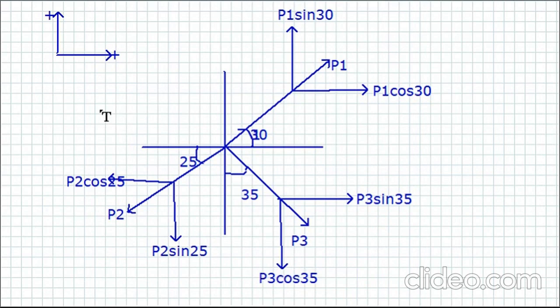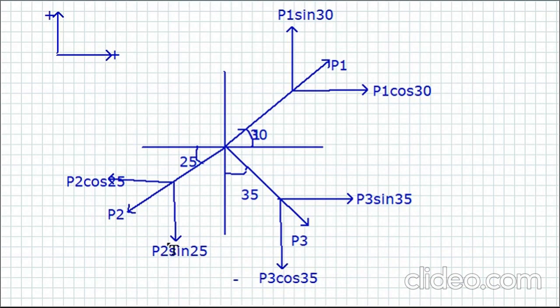One more thing we have to see here: P3 sin of 35 is in the positive direction of the x-axis, so it is positive, and P3 cos of 35 is opposite to the positive, hence it is considered a minus component, that is minus P3 cos of 35.